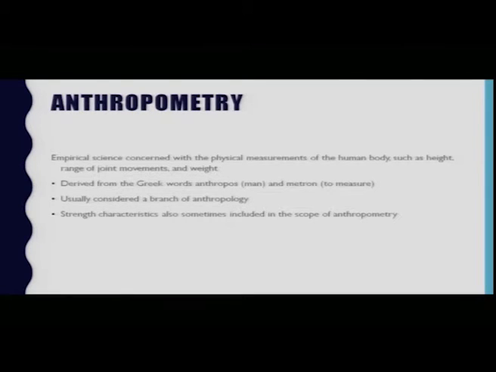That is the definition of anthropometry, and it is basically defined as an empirical science concerned with the physical measurements of the human body such as height, range of joint movements and weight. As I have stated, it is derived from the Greek words anthropos and metron, and it is usually considered a branch of anthropology. Strength characteristics are also sometimes included in the scope of anthropometry.